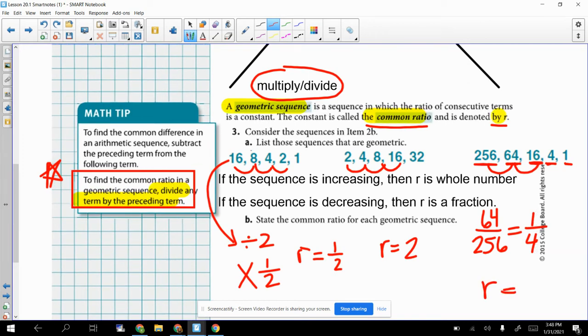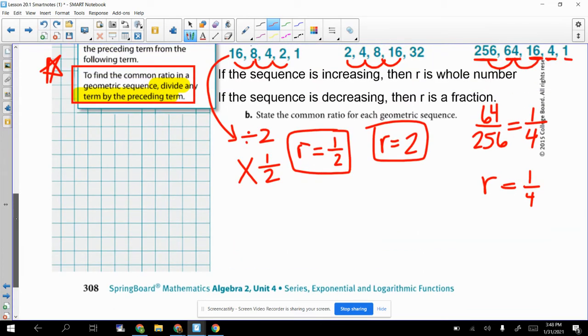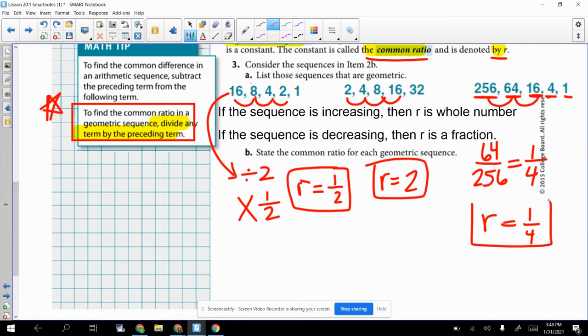So that means it's basically like you're dividing by 4 each time, or multiplying by 1/4. So these would be the R values, or the common ratios, of those 3 geometric sequences.